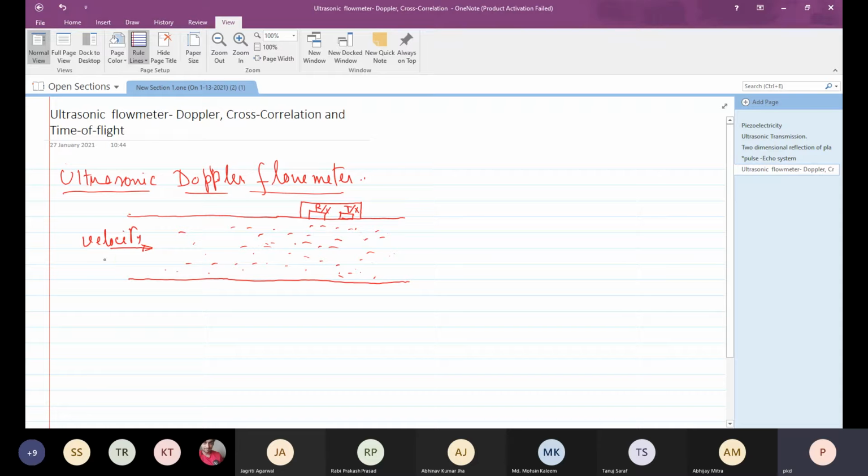The velocity is v meters per second, and the direction of the velocity is like that. Depending on the direction of the velocity, there could be a positive or negative shift of frequency. When we are measuring just the shift, as we shall discuss here, it is difficult to determine the direction of the velocity. To determine the direction, we will require a bias frequency shift.